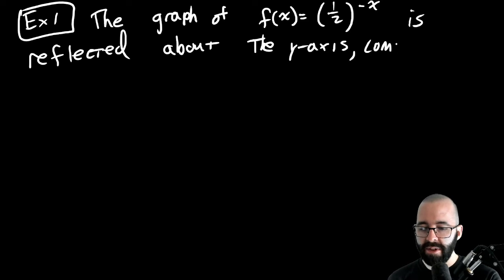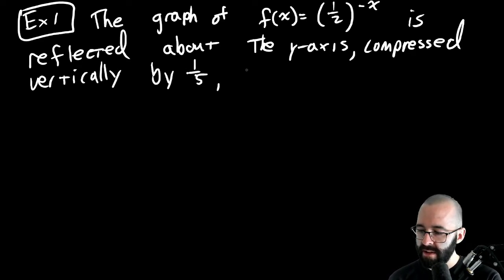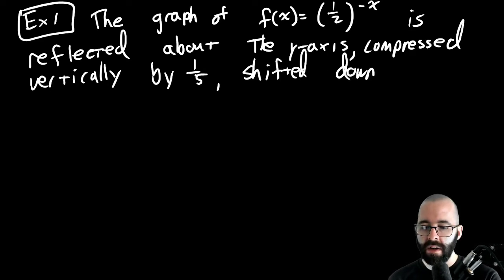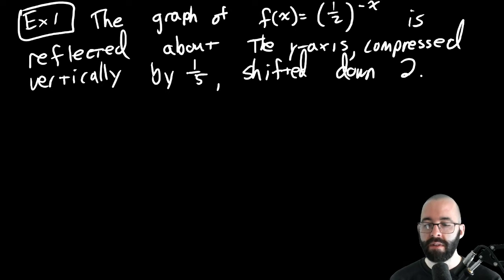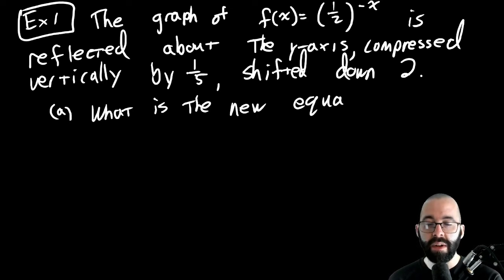It's also compressed vertically by 1/5, and it's shifted down 2. Part A is what is its new equation, after all of these things happen to it.